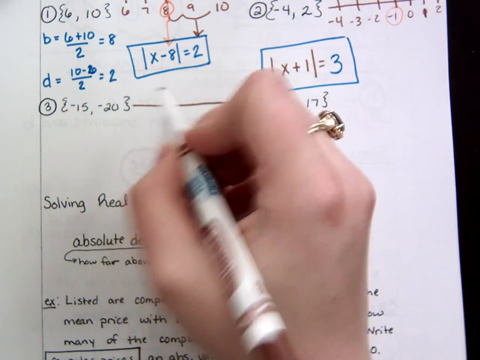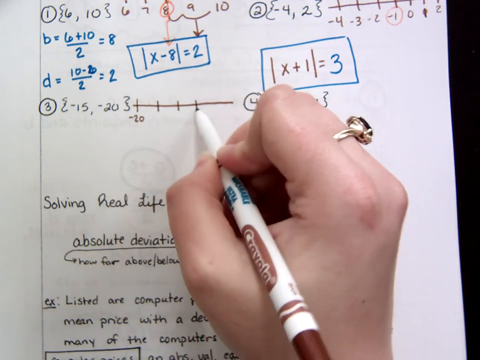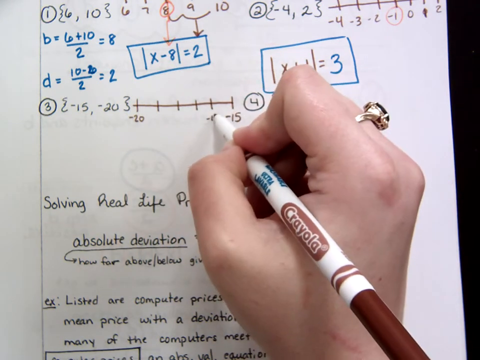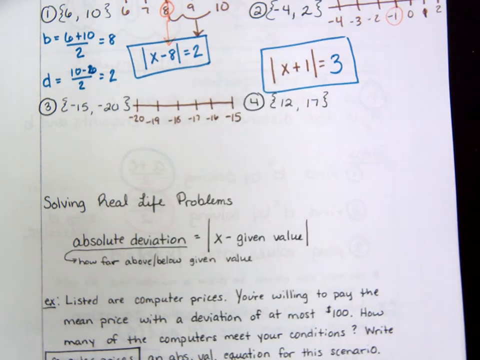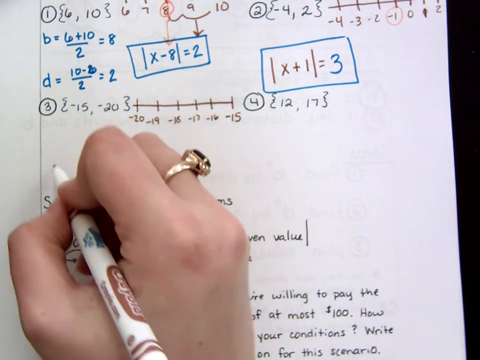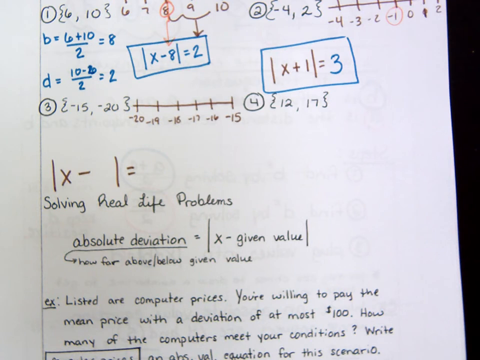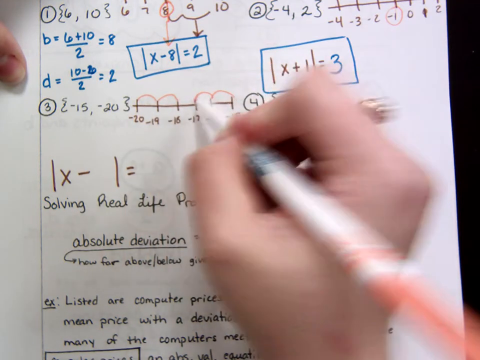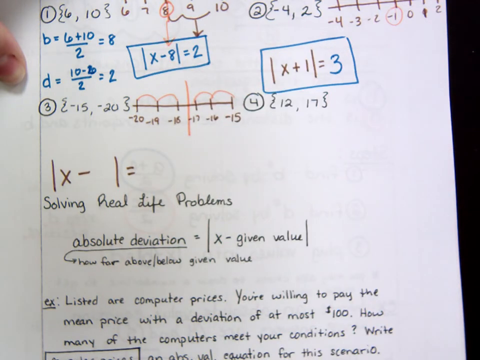Okay. So there's -20, -19, -18, -17, -16, -15. There's -15 there. Okay. So we need to fill in our B and D value. For our B value, if I start trying to find what the midpoint is, what I'll find is it meets in between -17 and -18.